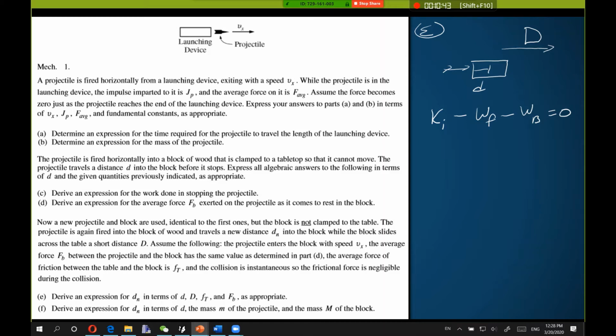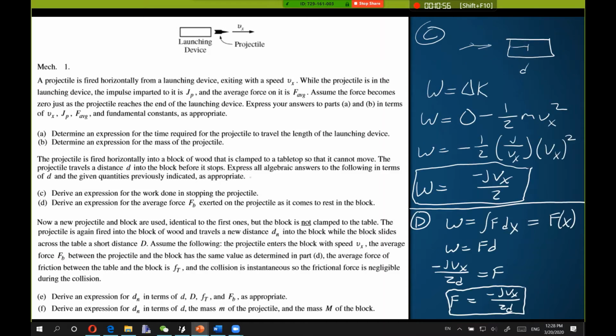Okay, so that's kinetic energy minus the force we got earlier times the distance. Oh, I've actually subscripted this differently. I need to go back. That force is FB.